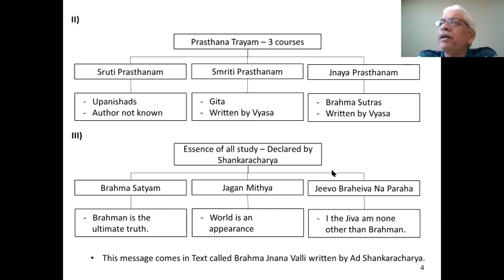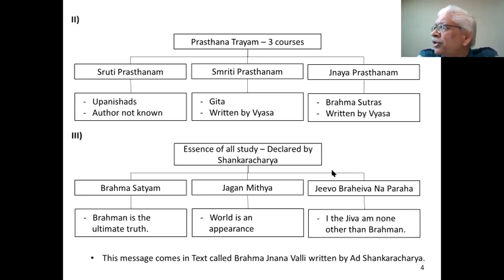Appearance means what? It appears like the dream. How the dream appears to us? Similarly, the waking also appears to us. It doesn't mean it is non-existent. It means between existence and non-existence, there is the third category, which is called an appearance.